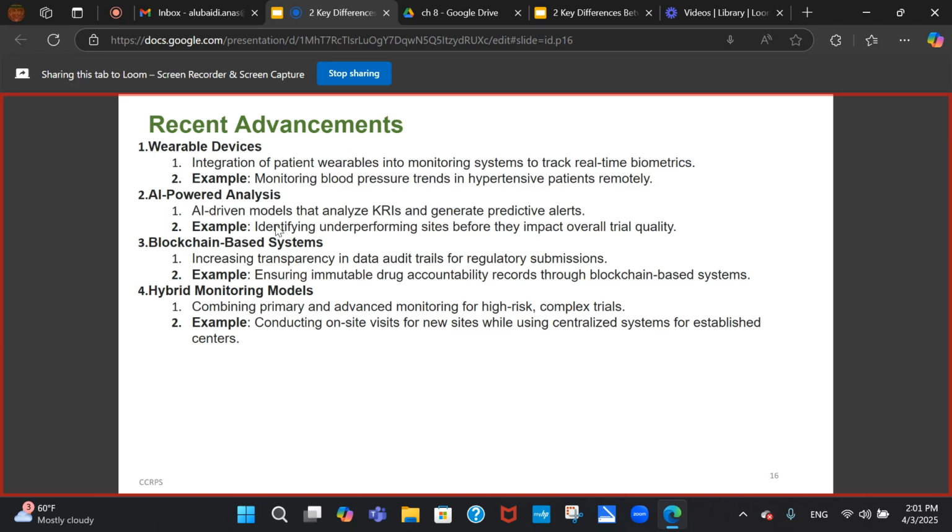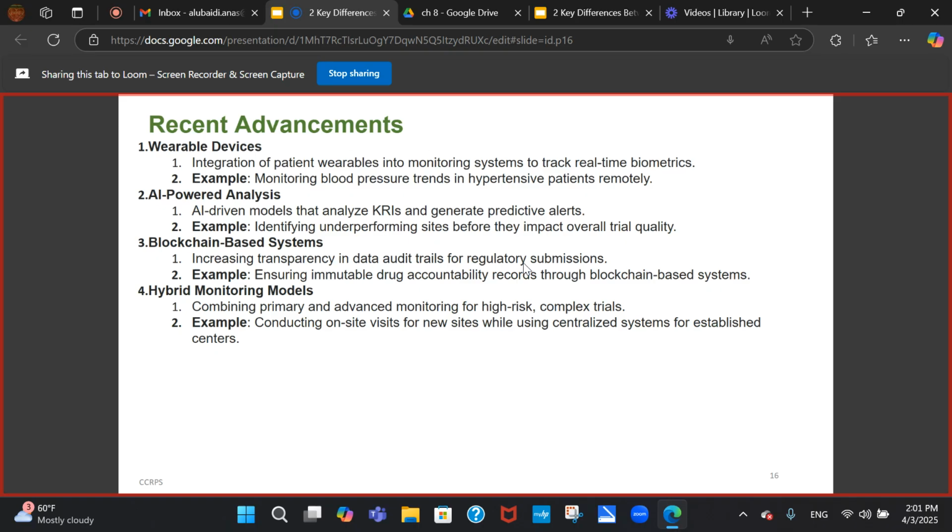Blockchain-based systems. Blockchain is a terminology in research being used for any audit trail, more particularly data audit trail. So increasing transparency in data audit trails for regulatory submissions.